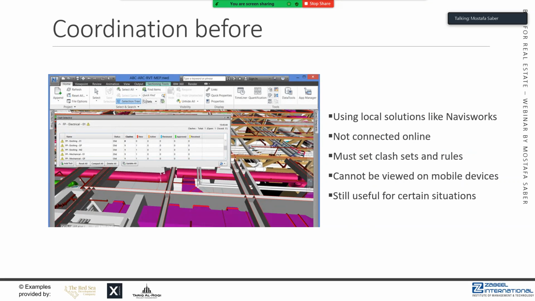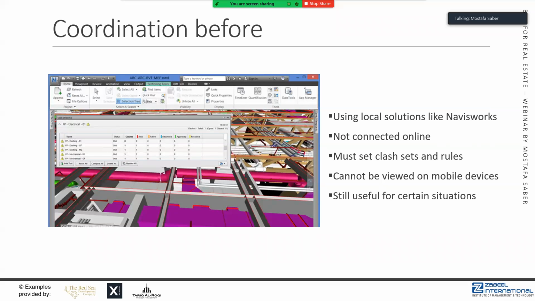And this means you had to download the files that consultants are sending you and then link them together somehow, then start seeing what are the clashes or what are the rules for these clashes, and make sure that there are no clashes, or if there are any, you will report them to the concerned team member.